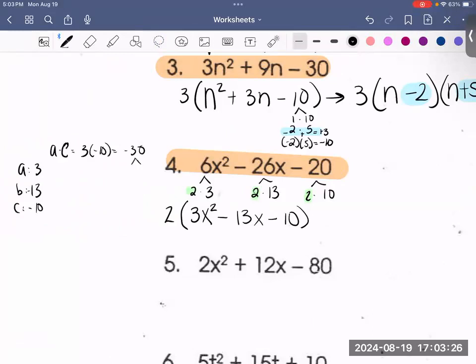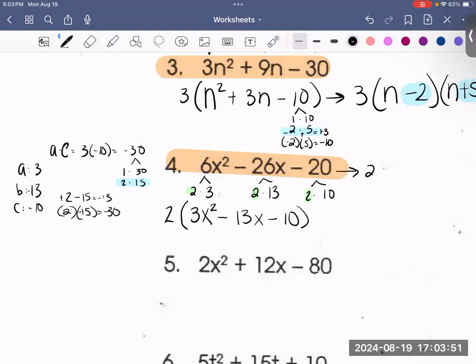So factors of negative 30, so we have 1 and 30, we have 2 and 15, and keep in mind we're going to get to negative 13, so the moment that you spot it, we can stop. So 2 and 15, as long as we are subtracting 15 and adding 2 to make negative 13, and we go ahead and multiply them back together to get a positive 30.